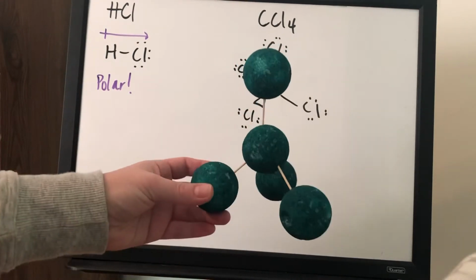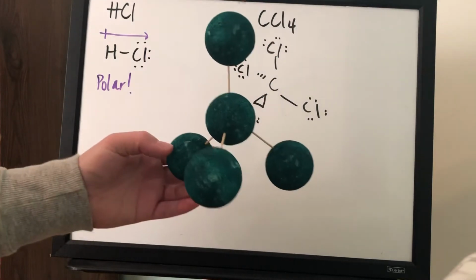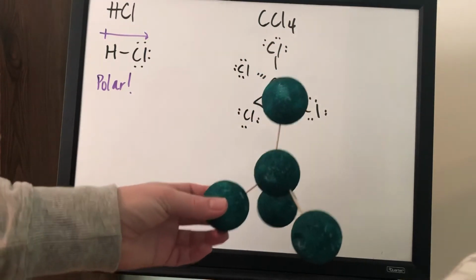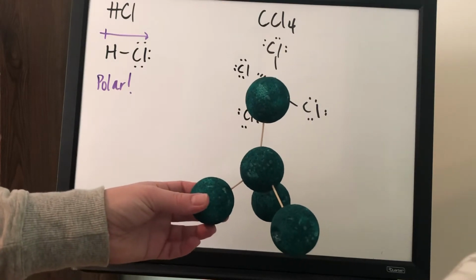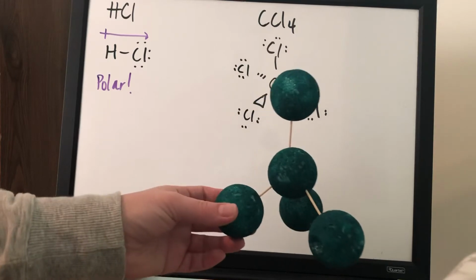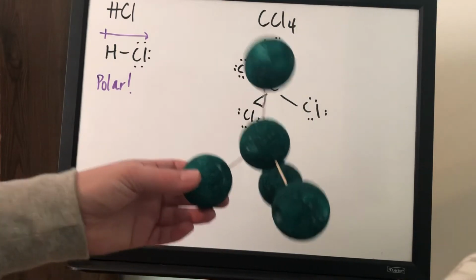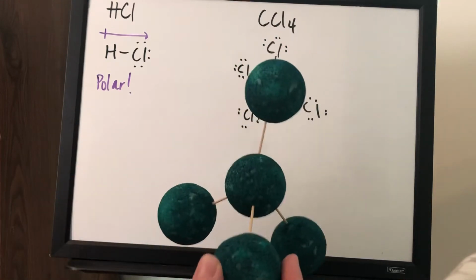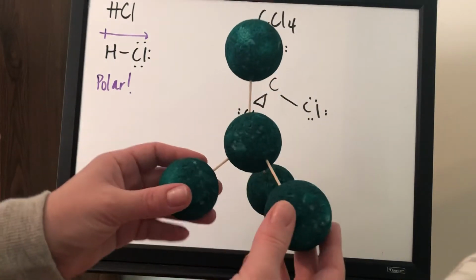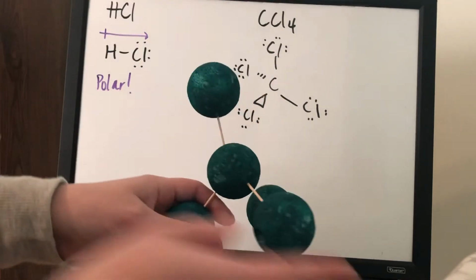I should have picked a different color styrofoam, but this is all I brought home. So, sorry. Okay, question is, are the 4 carbon-chlorine bonds polar? Answer is yes. They are absolutely polar. Chlorine is more electronegative. Chlorine wants the electrons more. So all my individual bond dipoles will be pointing toward the chlorines, from the carbon to the chlorine.